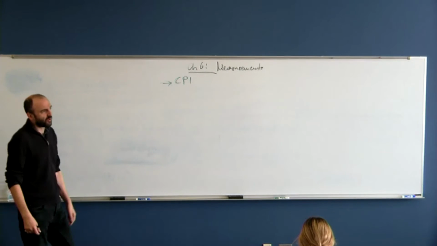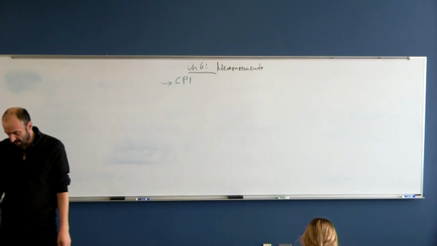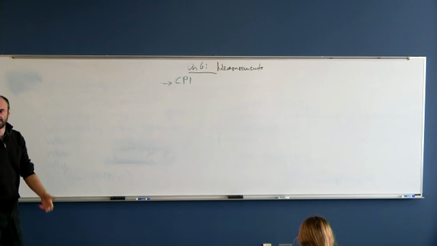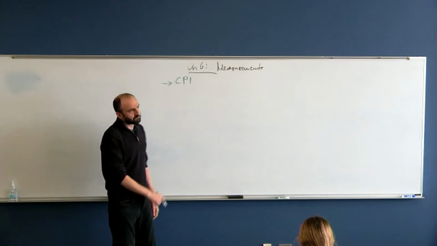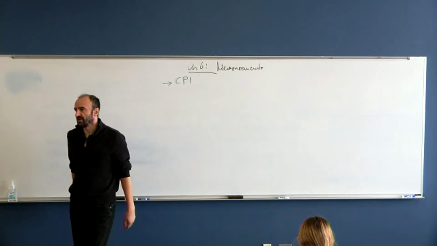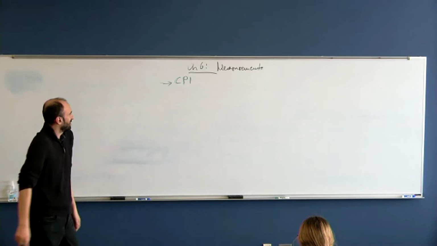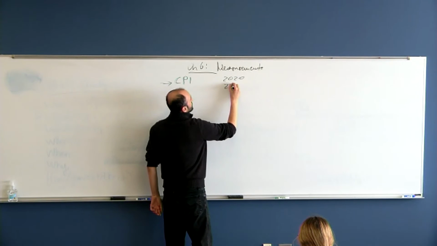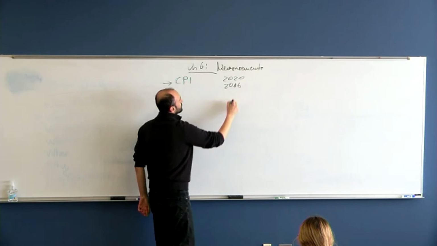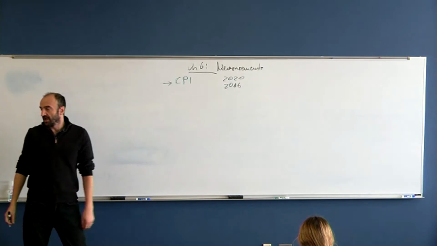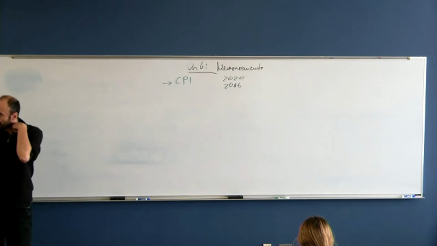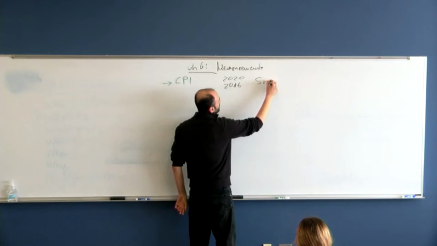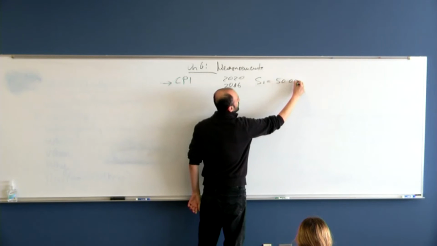So there's one interesting formula that you can use to see how this works and how simple it is. You pick two arbitrary years, 2020 and 2016. Let's say that a salary in 2016 was $50,000.